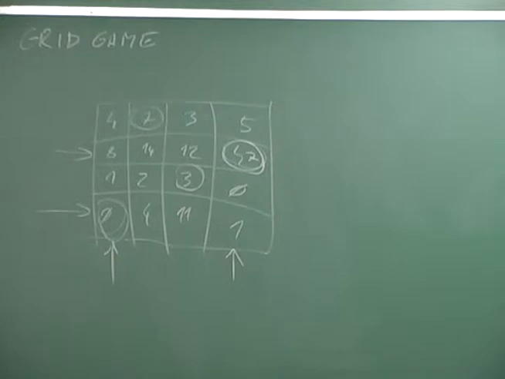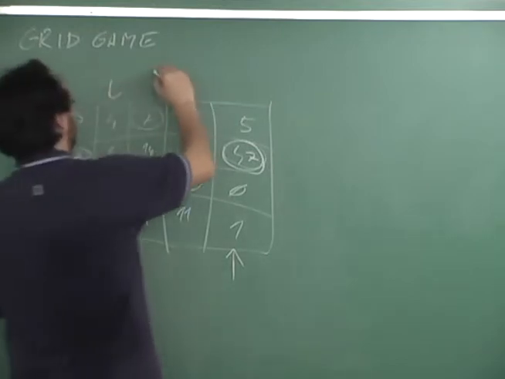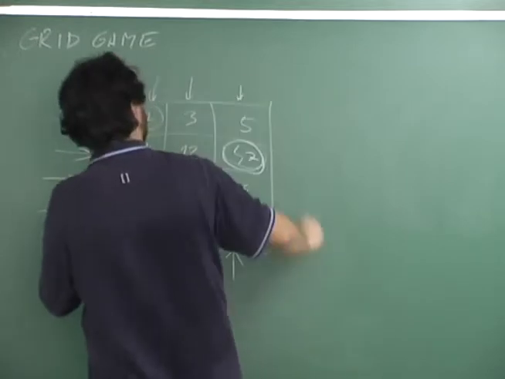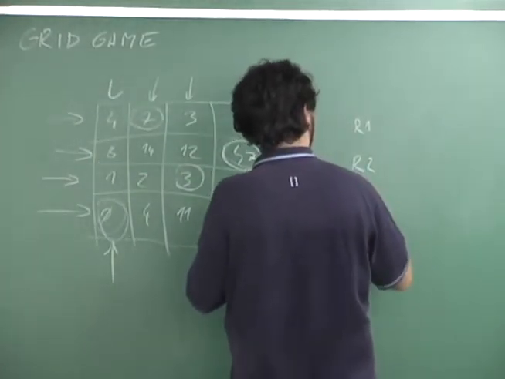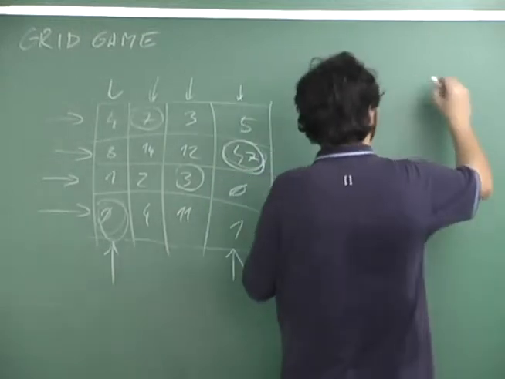And the trick in this problem is to realize that if we see a grid, then we can view this grid as a bipartite graph. The rows of the grid can be one partition of the graph, and the columns can be the second partition. So in this case, we have row 1, row 2, row 3, and row 4.